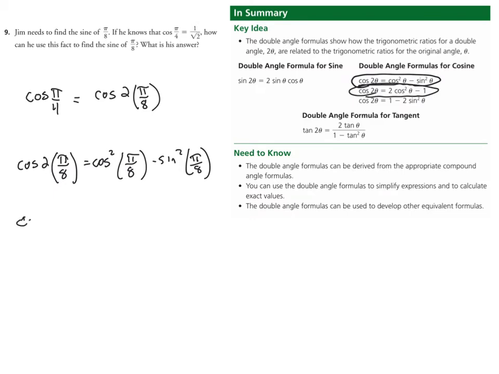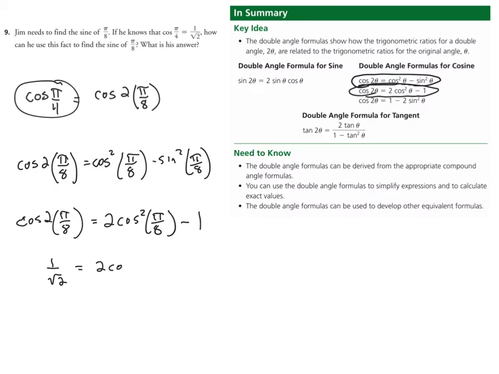Sorry, I should have said cos of 2 times pi by 8 is equal to 2 cos squared of pi by 8 minus 1. That'll be easier to manipulate. And so the cos of 2 times pi by 8, that's just cos of pi by 4, and we already know that's 1 over root 2.